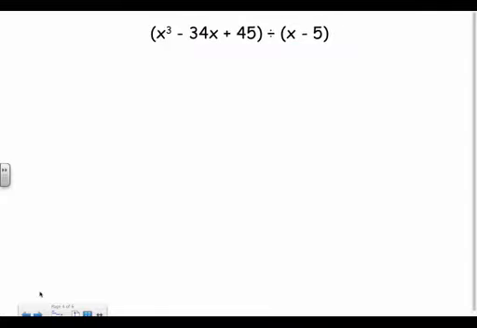All right, let's do one more, just so we really got this down. We got an x cubed now, minus 34x. I'd be careful though. Since there's no x squared term here, there's really 0x squareds, right? So I can either write 0x squared, because I got to keep that placeholder, or I can leave a space.